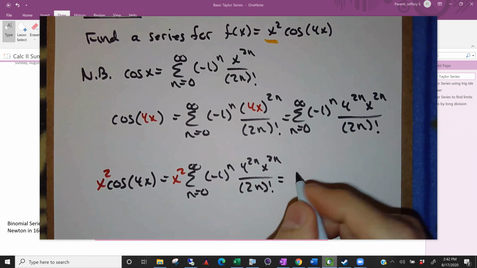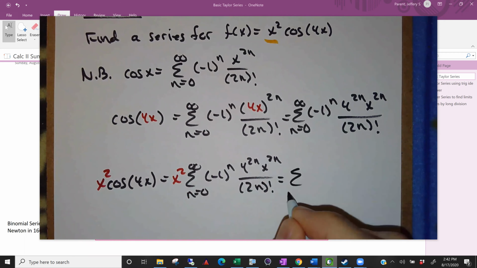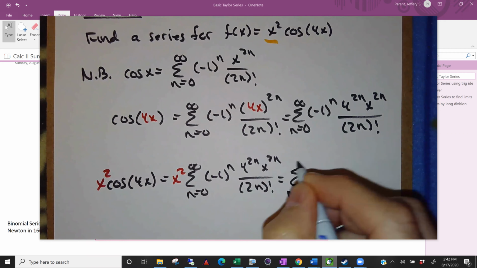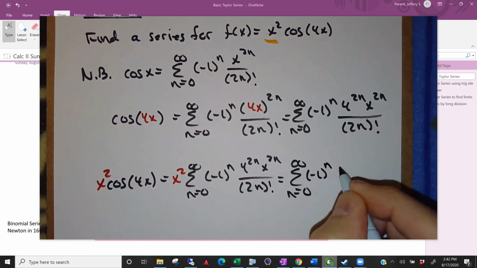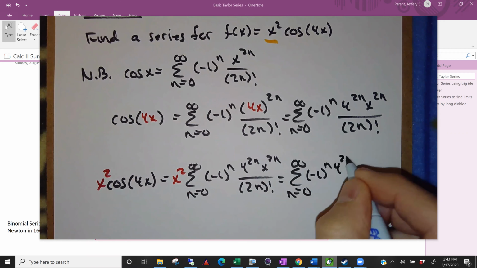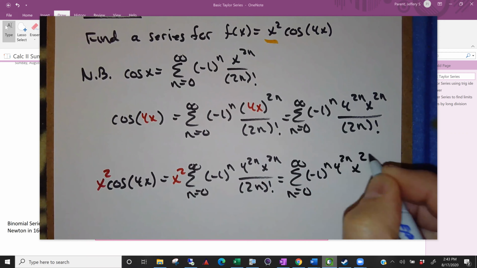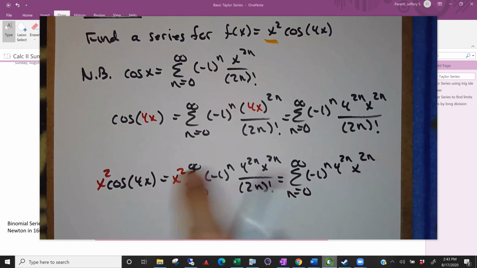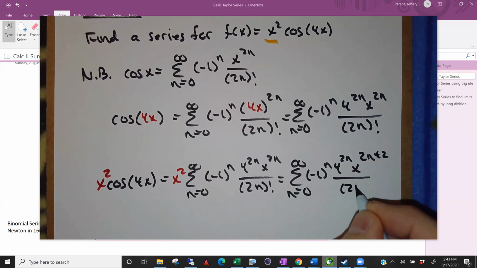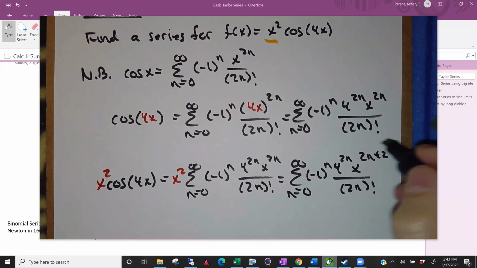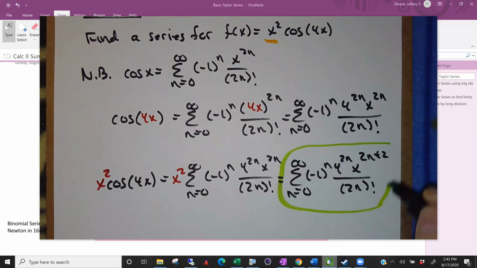And so my final answer should be this: the sum from n equals 0 to infinity of -1 to the n, 4 to the 2n, x to the 2n plus 2, over 2n factorial. And that's it.